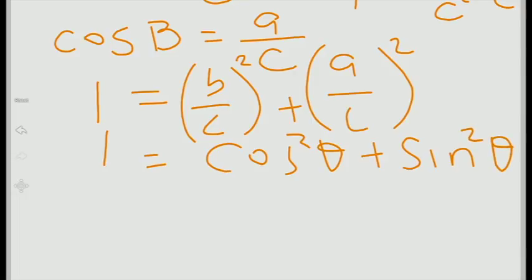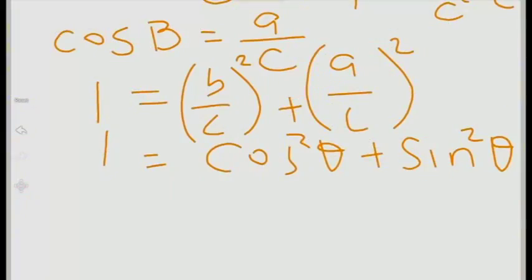If you square the cosine of an angle and add it to the square of the sine of that same angle, you're going to get 1. Any given angle satisfies this condition.